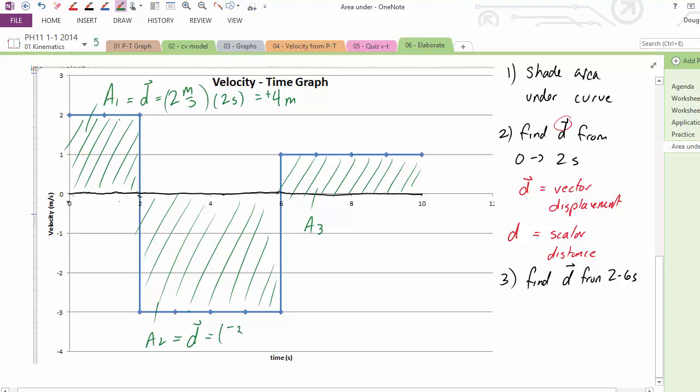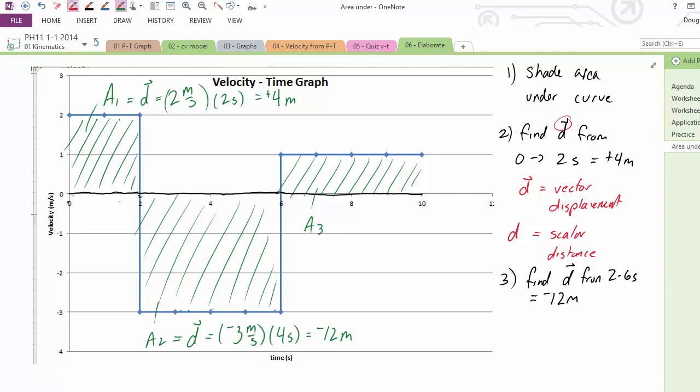So this is where it's important to keep track of our negative signs. -3 meters per second times 1, 2, 3, 4 seconds. That's -12 meters. I guess we should say that's positive 4 meters. Actually, I'll do it in red. It's -12 meters.